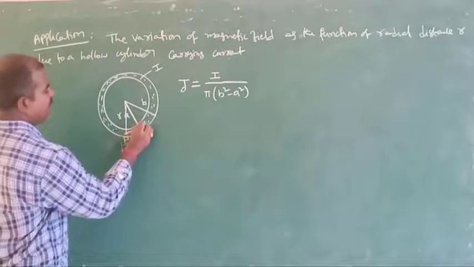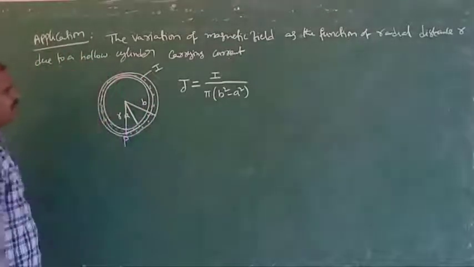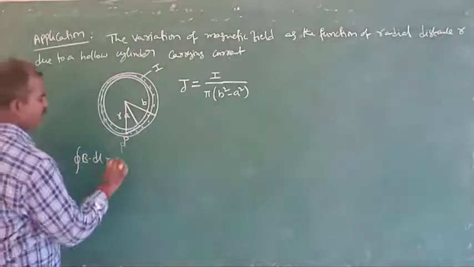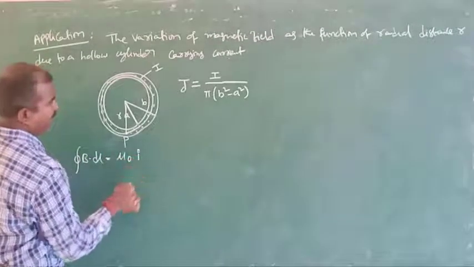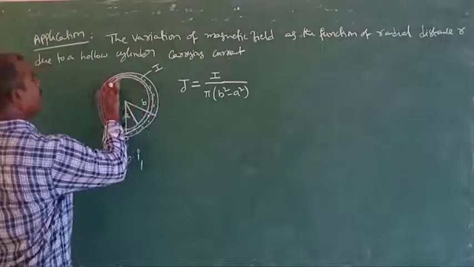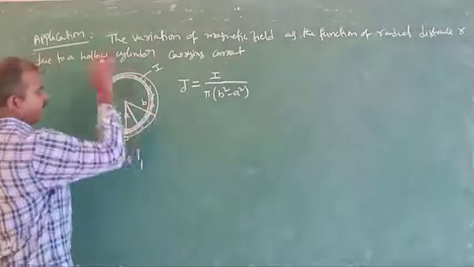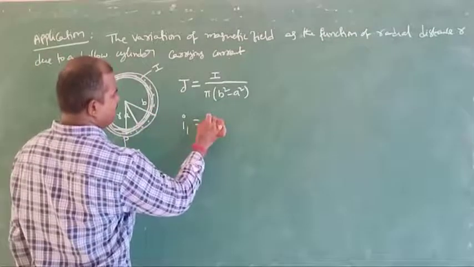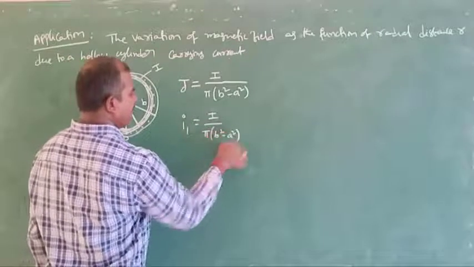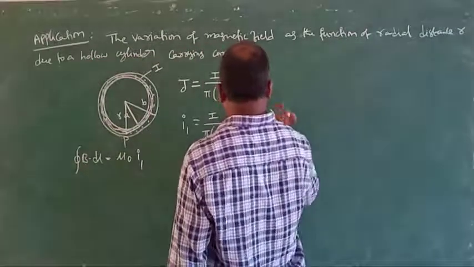Let me apply Ampere's circuital law at radial distance R. Now we take the integral of B dot dl equal to mu naught I1, the current enclosed inside. Therefore, I1 is equal to I by pi(B square minus A square) into pi(R square minus A square).